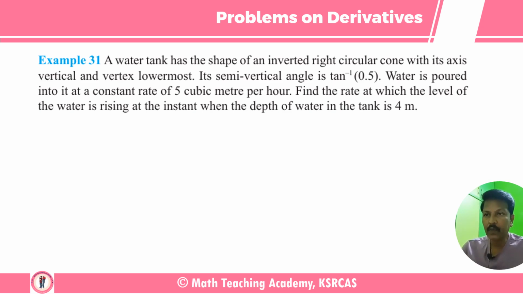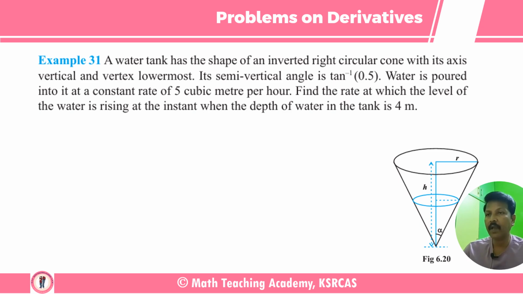If we do this, the height of the water will increase gradually. Here what we need to find is the rate of change of water level when the depth of the water is 4 meter. That is, when the height of the water is 4 meter, we have to find the rate of change of height of the water. This is what we need to find.